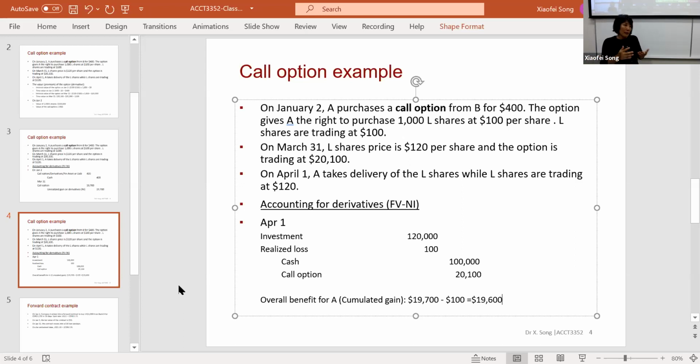Future is the third type of derivative. Future is very similar to option and forward, but the future is standardized and futures are traded. Forward can be a private contract between two parties, but with futures you can buy them on the stock exchange, right? So that's the difference.